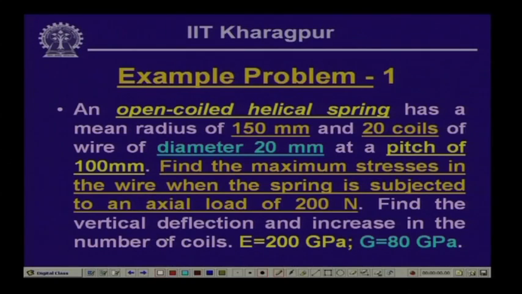You have now seen the difference between the closed coil helical spring and the open coil helical spring, and you have seen the load transfer mechanism in these two types of systems. In the closed coil helical spring, the wound is such that virtually the whole helix lies in one plane, and thereby it is subjected to a direct shear and a twisting moment, which is P times R. Whereas in the open coil helical spring, because the helix is at an angle with respect to the horizontal plane, the axial force acting through the center of the helix introduces 4 components: the axial tensile pull in the wire, the transverse shear in the wire, the twisting moment and a bending moment.